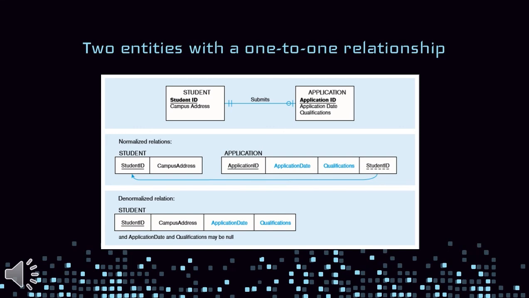And this is the example of a possible denormalization situation with two entities with a one-to-one relationship. In this case, one record could be formed with 4 fields from the student and scholarship application normalized relations, assuming that application ID is no longer needed.